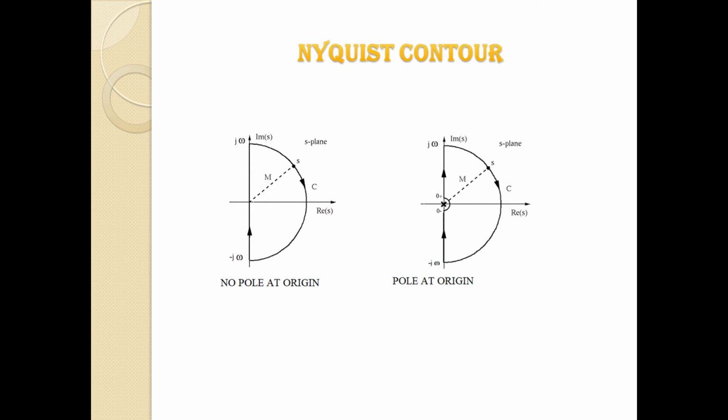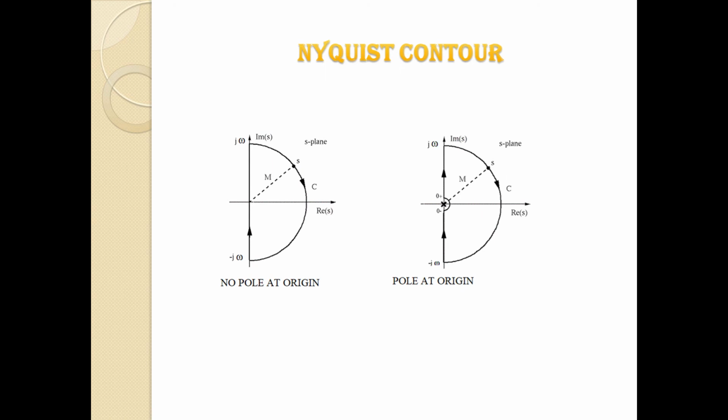So for the system which does not contain any pole at the origin, we will choose this type of Nyquist contour which has 3 segments. For section 1, omega is varying from 0 to infinite. For section 2, omega is varying from plus infinite to minus infinity, and it is a semicircular arc of infinite radius where theta is varying from plus pi by 2 to minus pi by 2.